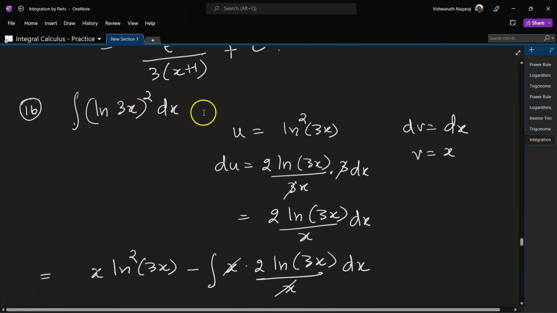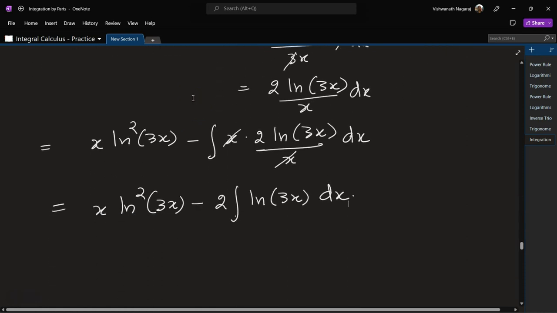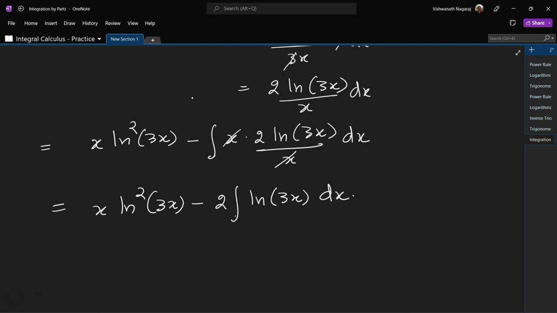Now here if you notice, in the problem we have natural log of 3x square. Here it has become 1, the power has become 1. Okay, so which means again we'll have to apply integration by parts. Natural log square of 3x minus 2.